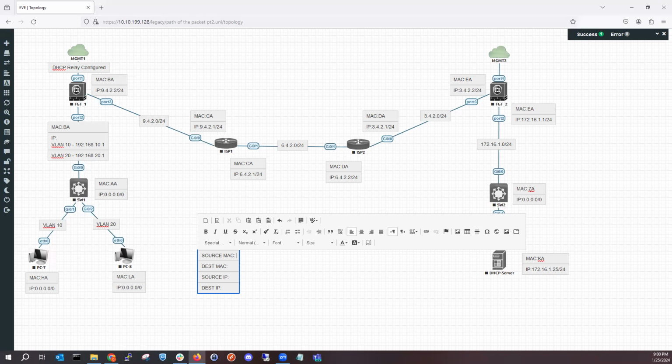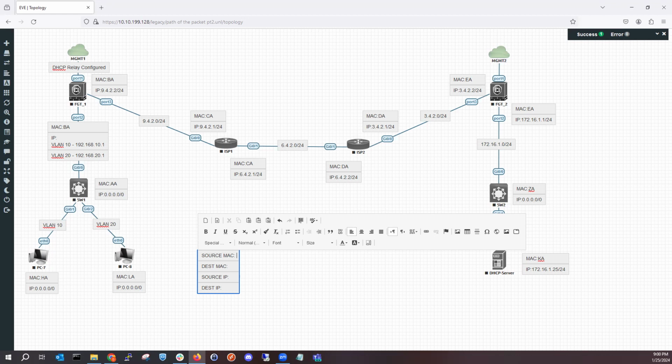So if you know about the DORA process, you know it is listening to DHCP packets and frames, to respond and say, hey, you're looking for a DHCP server, I'm going to respond back to you. If that packet slash frame is sent out from PC7, of course the broadcast message will be forwarded out.